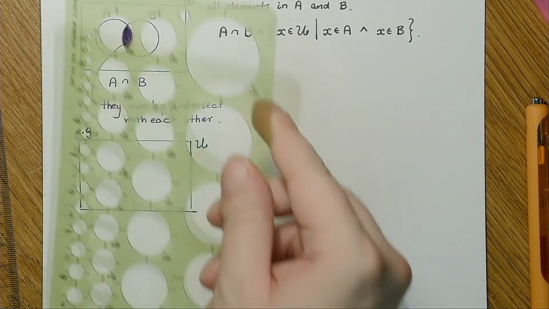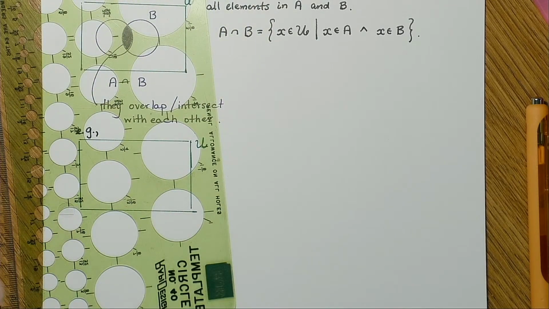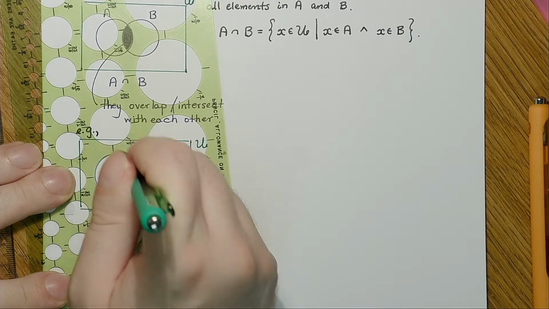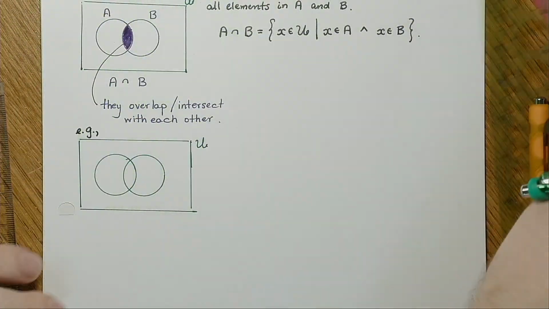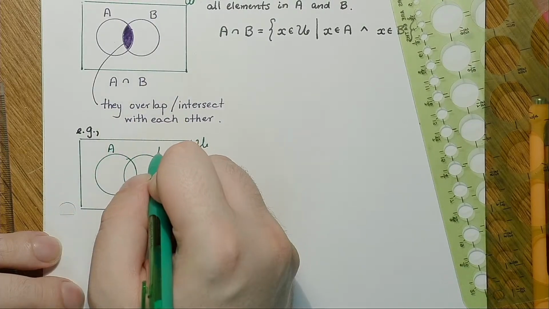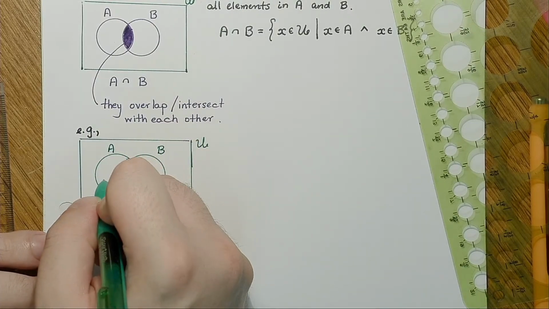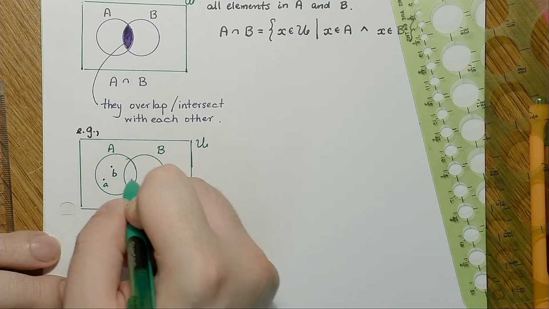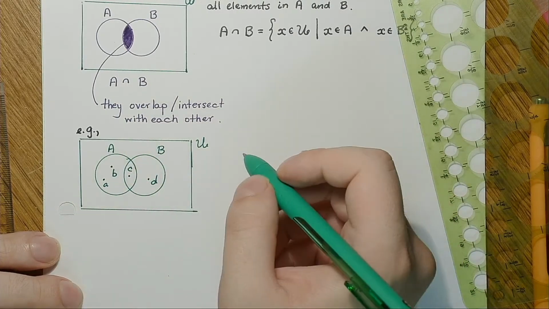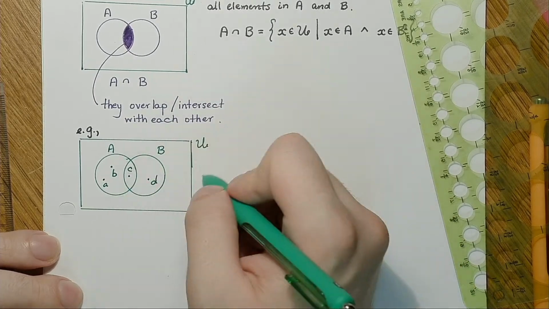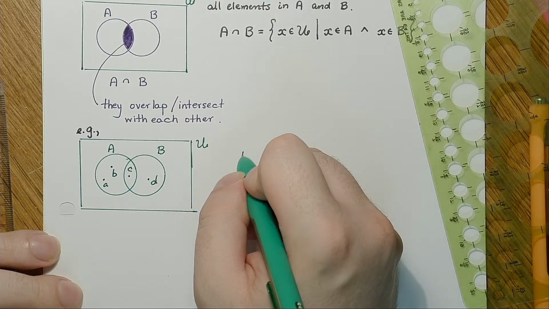And I'll use that tea drinker and coffee drinker again. So here's another set, here's another set. I had A, B, C, and over here is D. And again, same coffee drinkers.